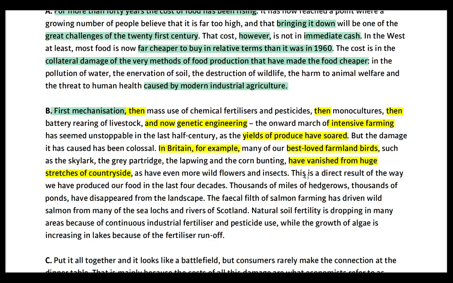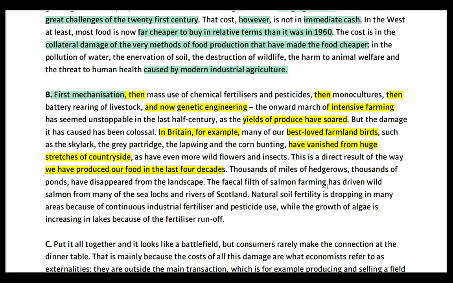This is a direct result of the way we have produced our food in the last four decades. Thousands of miles of hedgerows, thousands of ponds have disappeared from the landscape. The fecal filth of salmon farming has driven wild salmon from many of the sea lochs and rivers of Scotland.